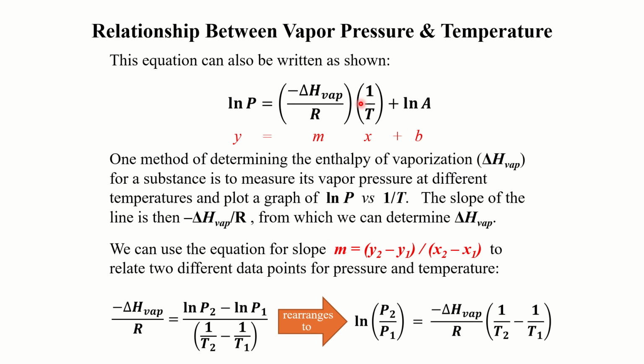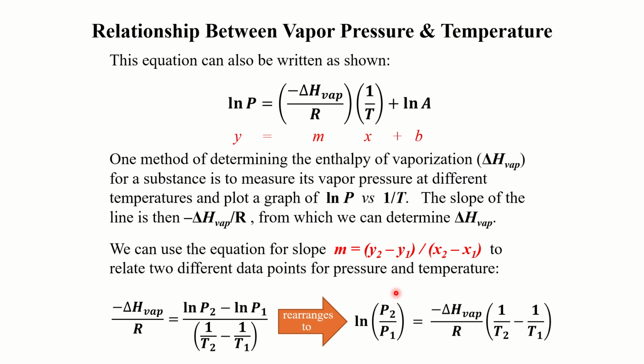Using the variables I established above, m equals negative delta H vap over R equals y2 minus y1. So here's my y value, ln P2 minus ln P1 over x2 minus x1, and x here is 1 over T, so 1 over T2 minus 1 over T1.